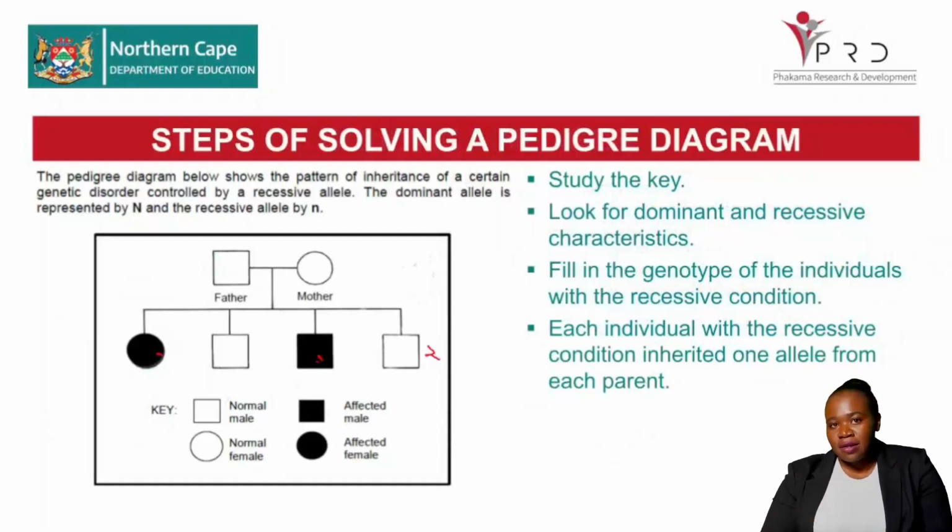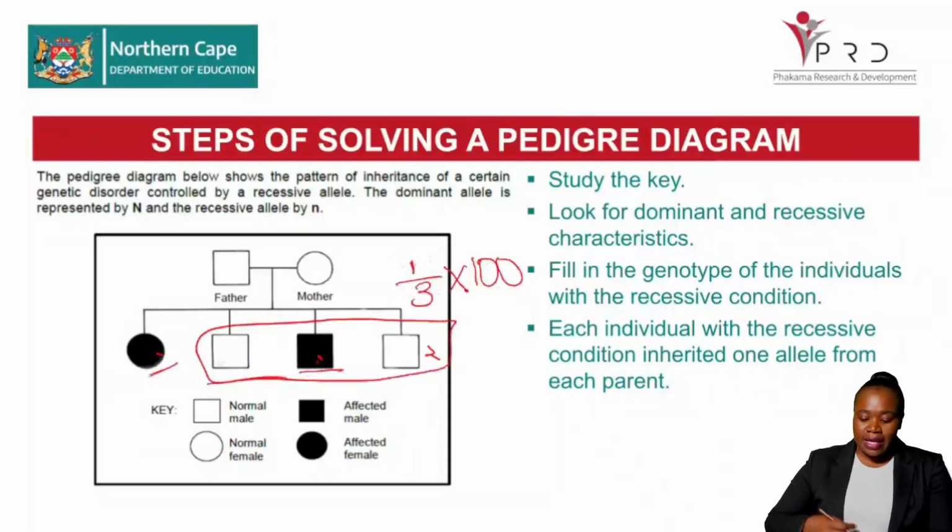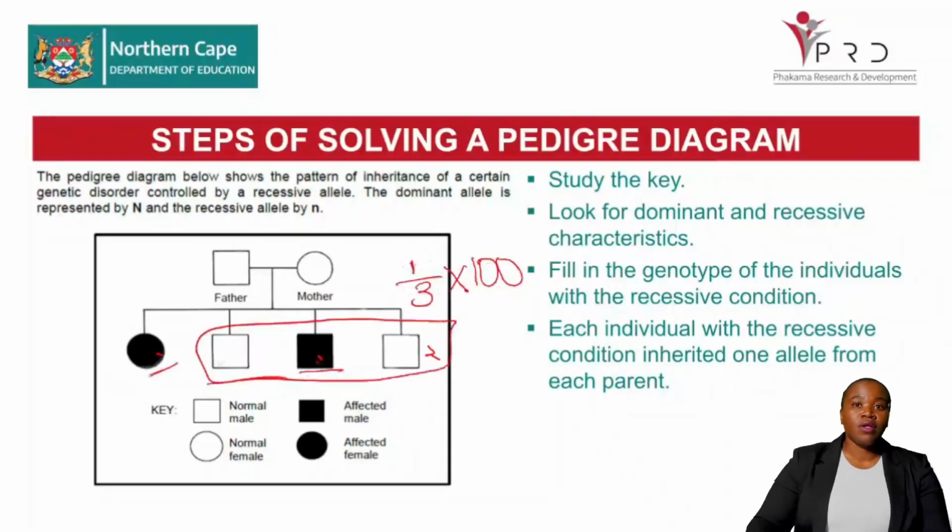How many males in the second generation are affected? 1 male is affected. How many females? 1 female is affected. What is the percentage of males that are affected in the second generation? 1 out of 3 males are affected. Therefore, you'll say 1 divide by 3 multiply by 100, and that will give you the percentage of those individuals that are affected.